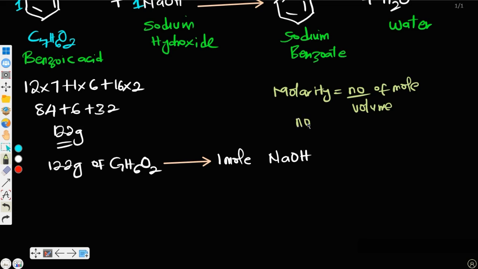So we can say number of moles is equal to molarity times volume. Now our number of moles is 1. So I can say N is 1.